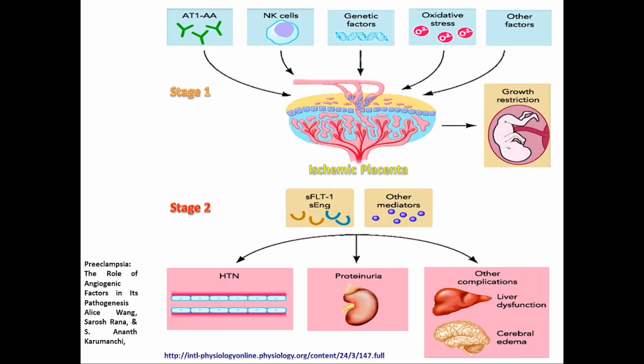supply of blood to the fetus, and as such we will have growth restriction in the fetus, with also other ischemic changes which occur to the mother, as the placenta, which is ischemic, will release anti-angiogenic factors. This will reduce the VEGF and PlGF and other mediators, and the anti-angiogenic factors will attack the endothelium in different organs such as the kidneys, the liver, the brain, and other endothelial areas.